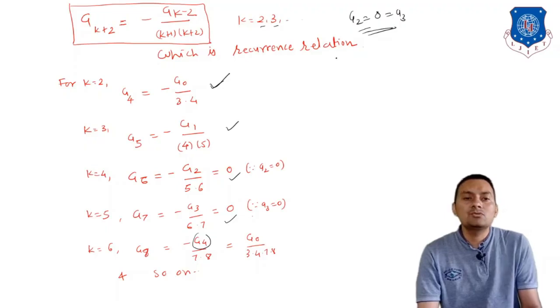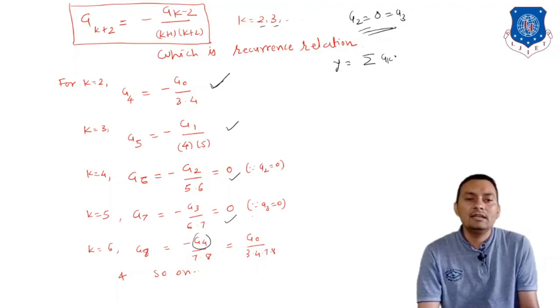Now, whatever solution we have assumed, the sum of a_k x raised to k, k from 0 to infinity, we are expanding this: a0 plus a1 x plus a2 x squared plus a3 x cubed, and so on.